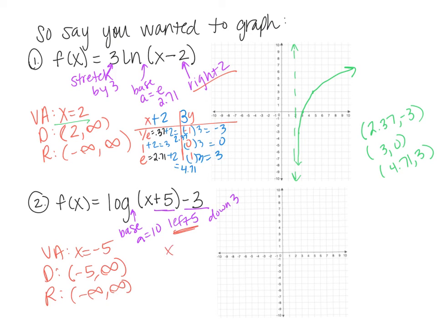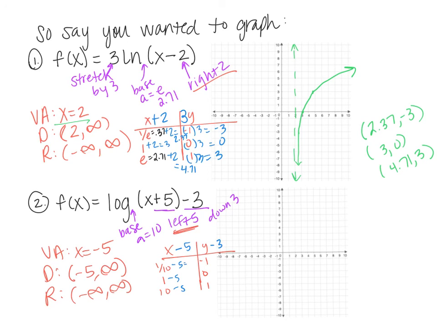My table before any transformations is going to be 1 over 10, negative 1; 1, 0; 10, 1. Now I'm going to transform those by going to the left 5, so I'll subtract 5, and going down 3, so I'm going to subtract 3 from those y's. Let's do that and see what happens.